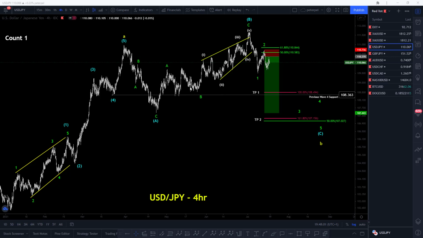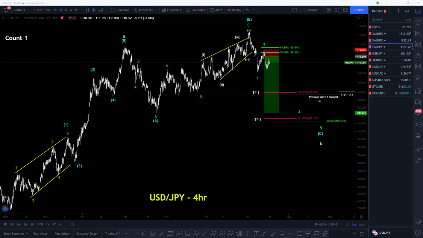The reason why that particular zone is more interesting to me is, if you look at this one, there is a possibility of a running flat being a WX. So if that is the case, and it is a Y wave, then it might be an A, B, C, and the relationship between wave A and C is most times a 100% fib level of equality.